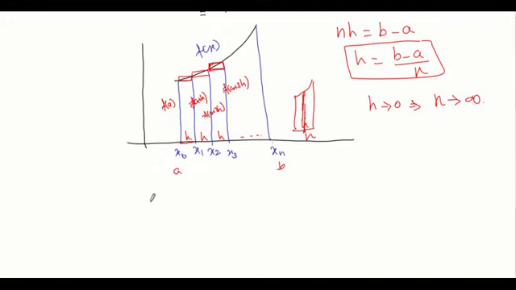The area is the sum of all the rectangles: h into f of a, plus h into f of a plus h, plus h into f of a plus 2h, plus etc. It goes on to the last one, which is xn minus 1.